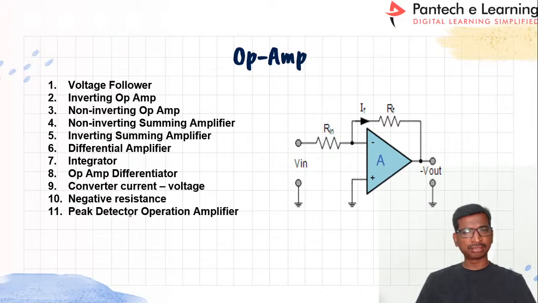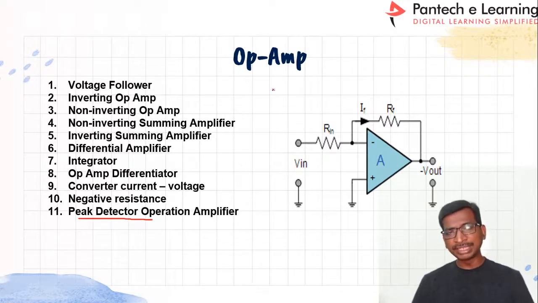The first ones are the voltage follower, inverting op amp, non-inverting op amp, and then non-inverting summing amplifier, differential amplifier, inverting summing amplifier, integrator, op amp differentiator, and then current to voltage converters, negative resistance converter, and then peak detector. These are all notable features of the op amp.